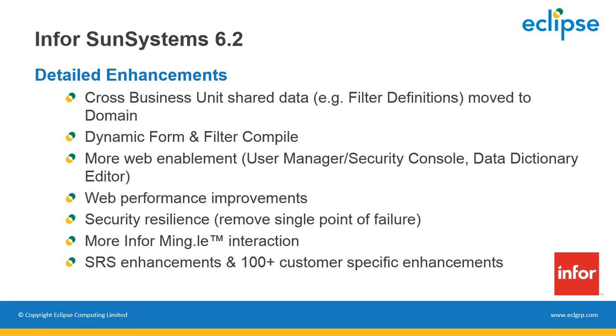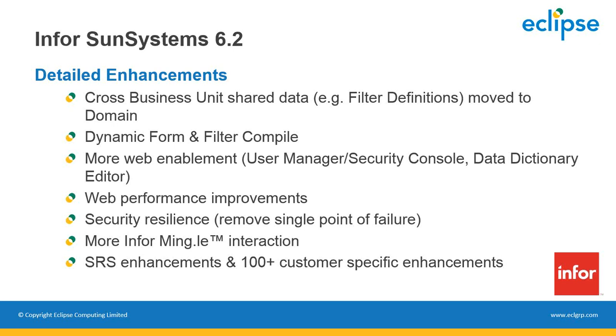Another weak point to date in the SunSystems 5 and 6 platform has been a single point of failure in the security service. So we've seen over time, SunSystems has become more and more scalable, and there's more and more things we've been able to do in terms of making the system more resilient. We can add resilience or failover at the database layer.